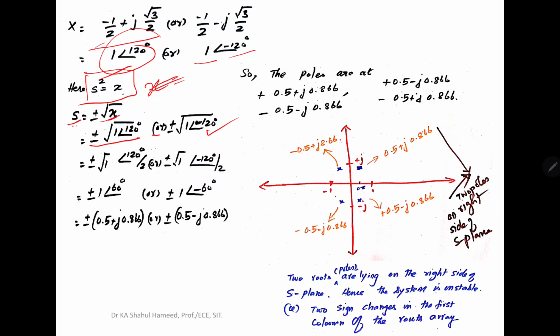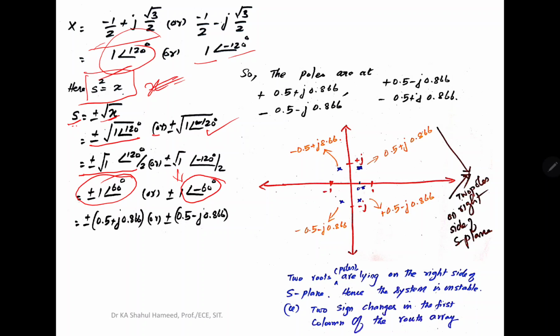You know that the square root of 1 is 1, and when you take the square root of the phase angle, we have to divide the phase angle value by 2. So we get plus or minus 1 with 120 degrees by 2, which is 60 degrees. Similarly here also 1 with minus 60 degrees.